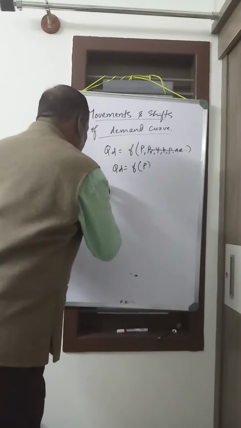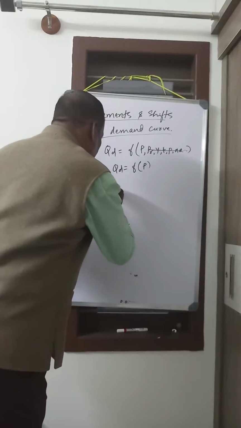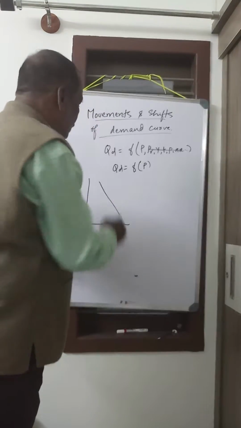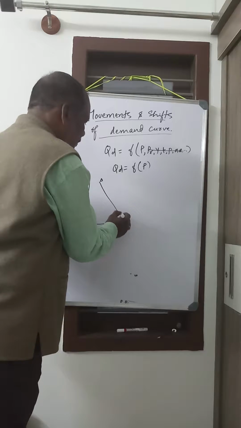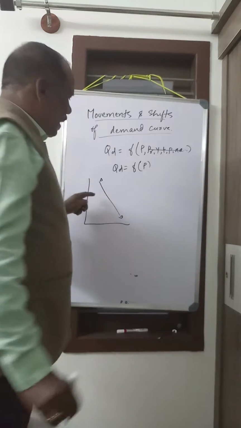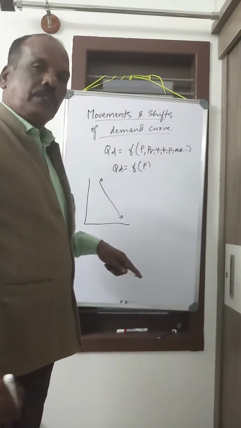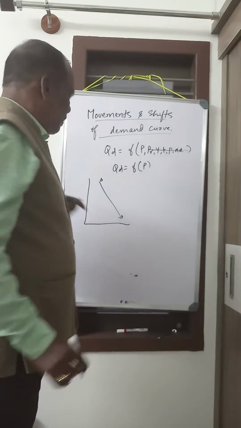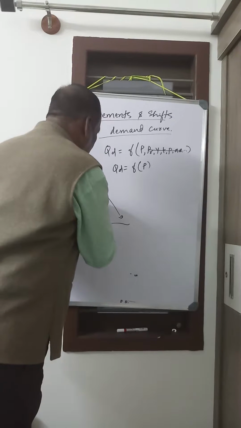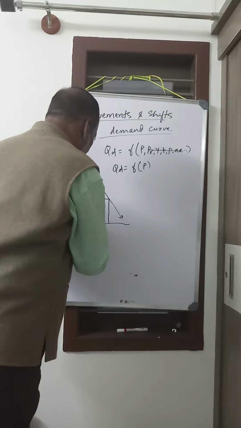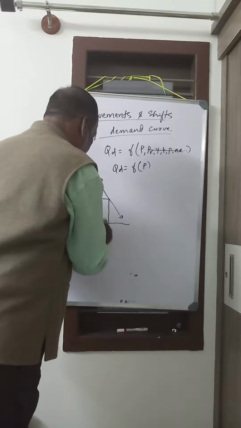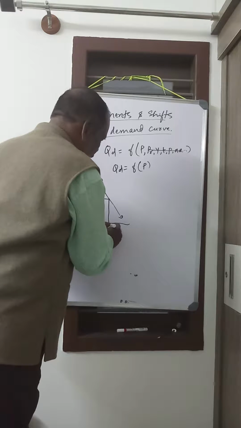See, this is the demand curve, and this demand curve slopes downwards because of the inverse relationship between price and demand. Suppose the price is OP and the quantity demanded is OQ.